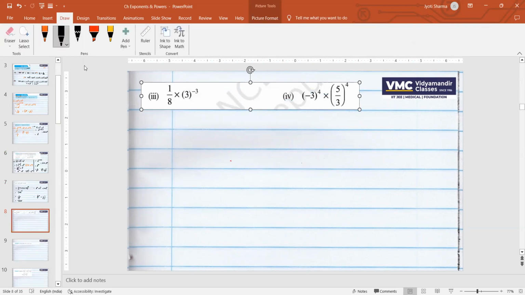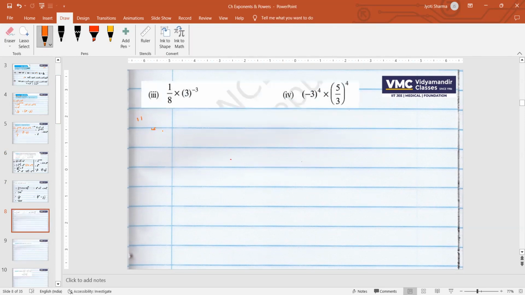Then here it is. In this case, I can write 1 by 8 as 2 raised to the power 3 into 3 raised to the power minus. Further, I can write in this way, or better, I change this, leaving it as positive.